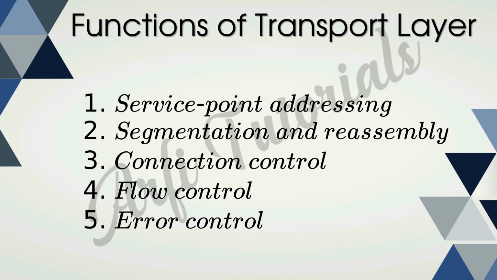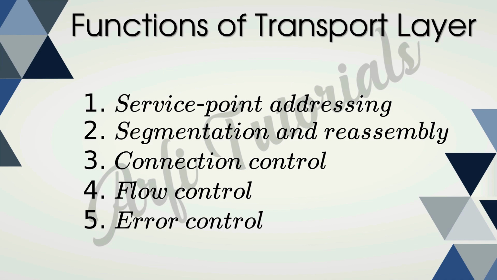Functions of the transport layer. First, service point addressing. Computers run several programs simultaneously. Due to this, the transmission of data from source to destination is not only from one computer to another computer but also from one process to another process.